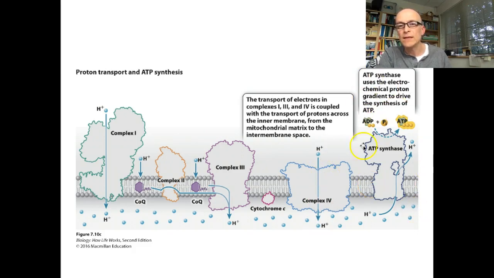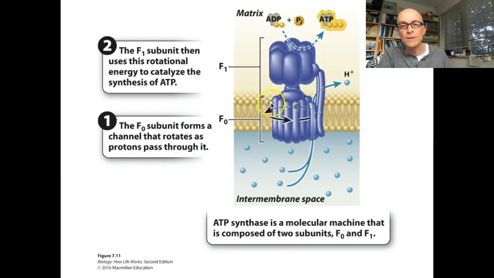ATP synthase uses the electrochemical proton gradient to drive the synthesis of ATP. Here's ATP produced. That's the three-dimensional structure. Hydrogen moves through it. And the way that this looks, let's look at this little bit as a cartoon. You can see as the hydrogen moves back through, driven by the concentration gradient, by the electrochemical gradient, it's like a rotor with rotor blades.